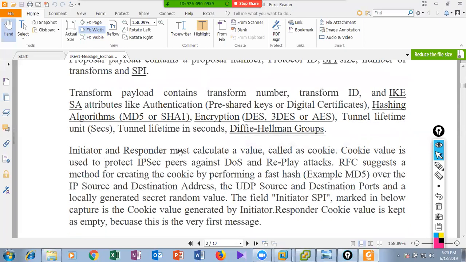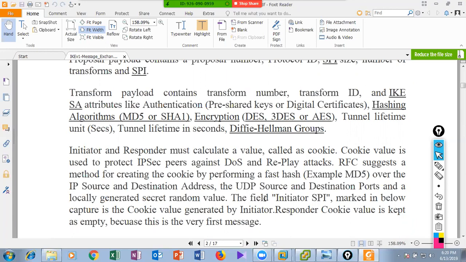Initiator and responder must calculate a value called the cookie. The cookie value is used to protect IPsec peers against DoS and replay attacks. The RFC suggests a method of creating the cookie by performing a fast hash, that's your MD5, over the IPsec source and destination addresses, the UDP source and destination ports, and a locally generated secret random value.